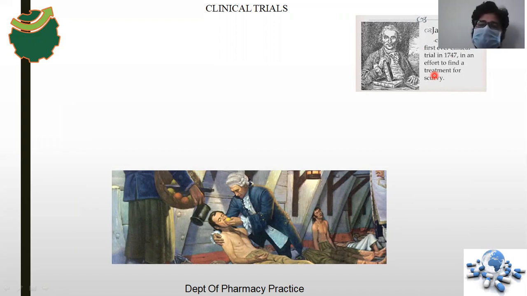One of the notable clinical trials in history was by a scientist named James Lind, a seaman, who conducted a trial in 1747 as a treatment for scurvy. These images show it, and it happened on a ship.